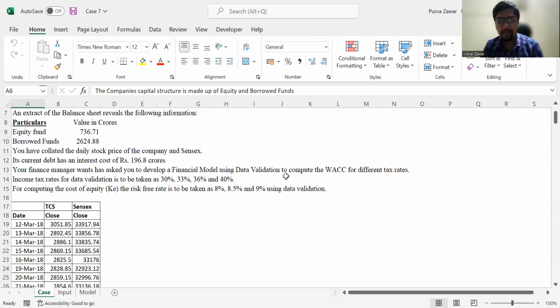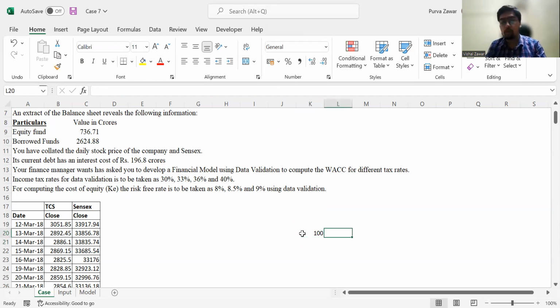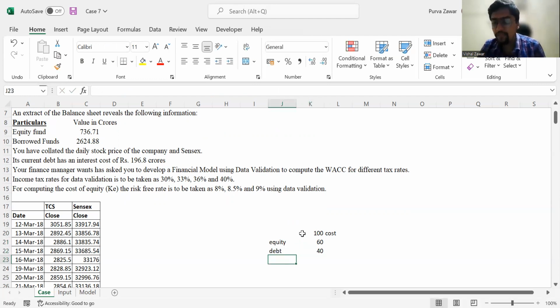There can be a combination, like I may have 60 rupees of equity and 40 rupees of debt in my business. So if I have a 60-40 ratio, then whatever is the cost of equity, whatever is the cost of debt, multiplied by the respective weight, I will get the weighted average cost of capital.